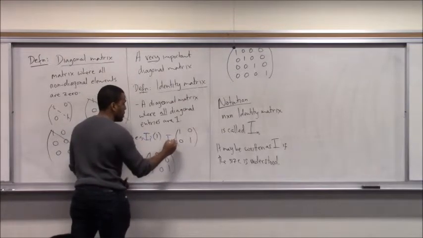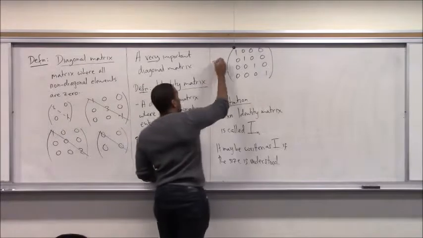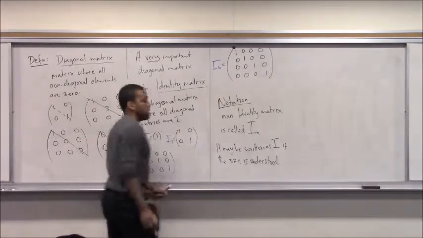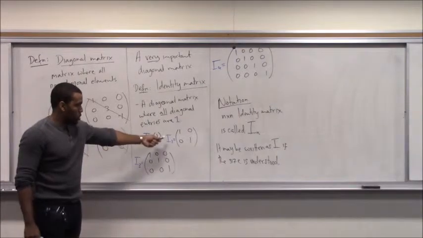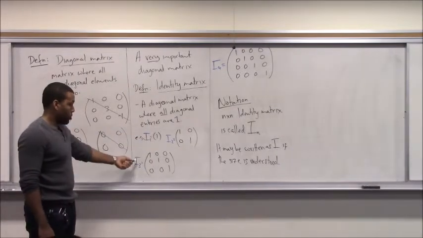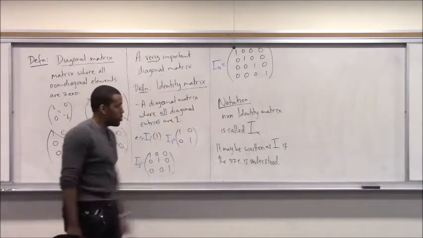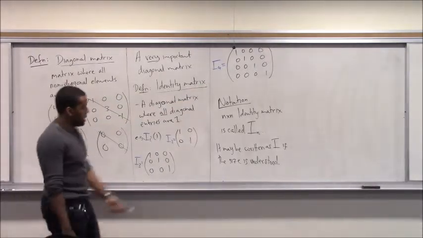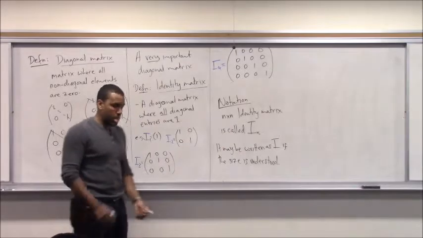This guy is I2. This guy is I3. And this guy is I4. So this is a 1 by 1 identity, so it's I1. A 2 by 2 identity is I2. A 3 by 3 identity is I3. 4 by 4 identity is I4, and so on and so forth. An n by n identity matrix is I subscript n, and it might be written as I.